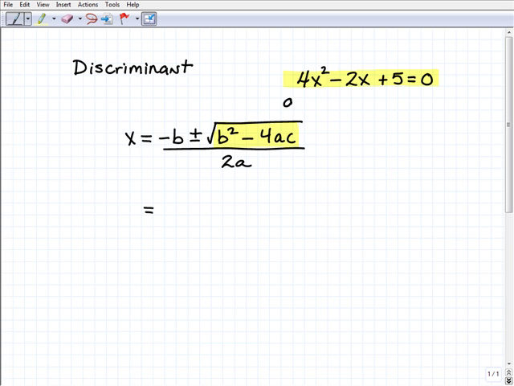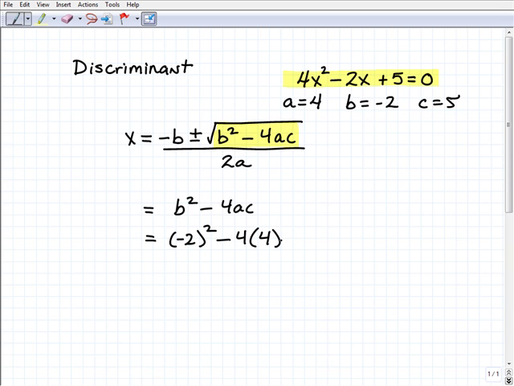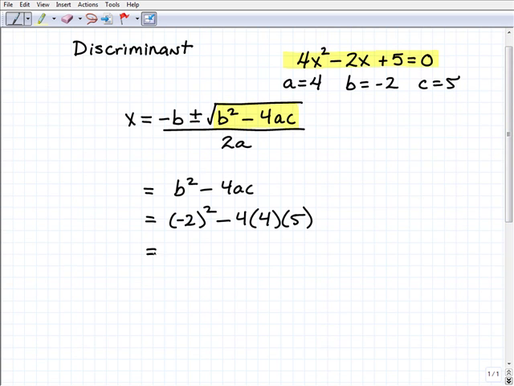If you were going to plug all these values into the quadratic formula, a would be equal to 4, b is negative 2, and c is 5. So b squared minus 4ac would be equal to negative 2 squared minus 4 times a, which is 4, times c, which is 5. Okay, so we can go through and do the math.